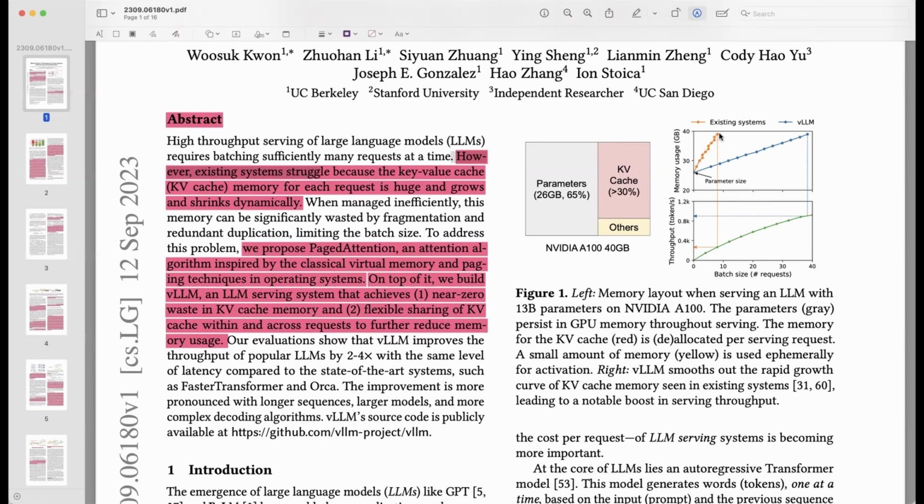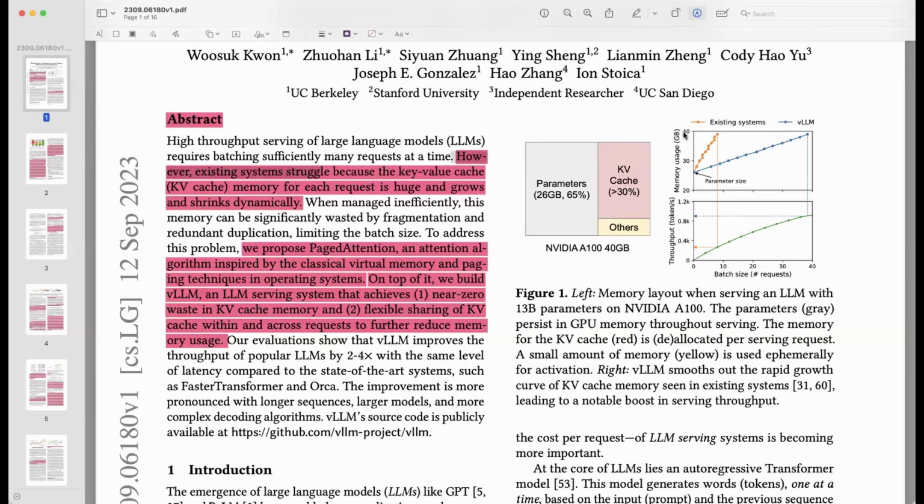If you look at the orange curve in the graph here, for existing systems, as your batch size increases or the number of requests per second increases, the memory increase is more than linear. What they do is they propose this PagedAttention technique where the memory increases sublinearly, or maybe linearly.